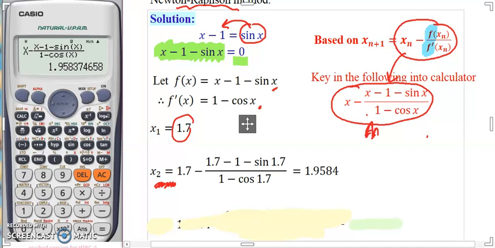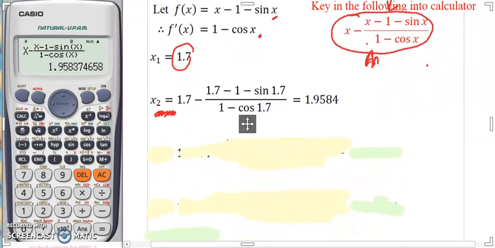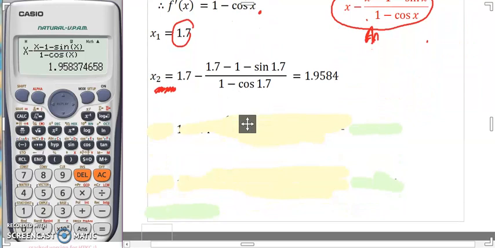Next, we proceed with our calculations. After we get x2, you can check the 2 results that we have, the first approximation and your first iteration. This step, where you use the Newton-Raphson formula to do the calculation, is what we call the first iteration, the very first time you use the Newton-Raphson formula to solve the question.